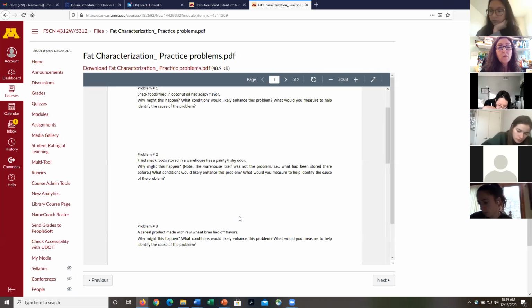So if you have this snack food packaged in packages that are permeable to oxygen, if you have light, if you have high temperature during storage, then potentially you have lipid oxidation. So you want to measure for oxidative rancidity. You can do peroxide value for primary oxidation, and most common for secondary oxidation is a hexanal test. That's a very common method, which is by headspace GC.